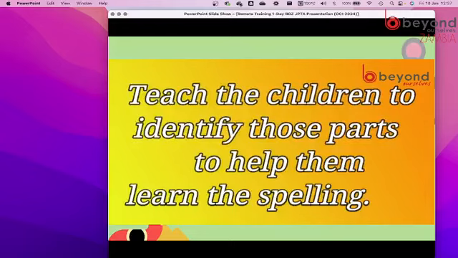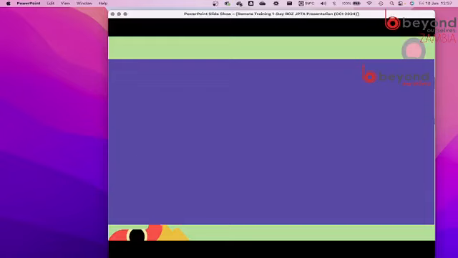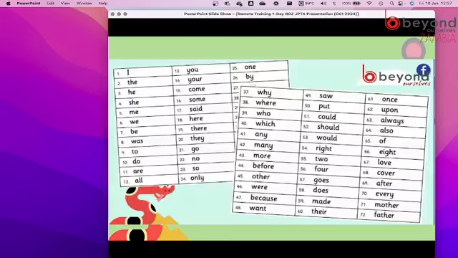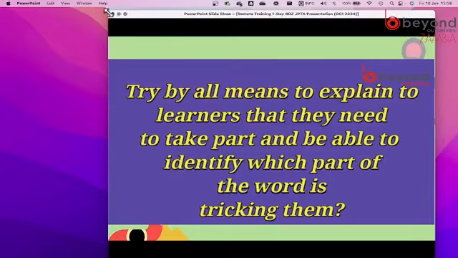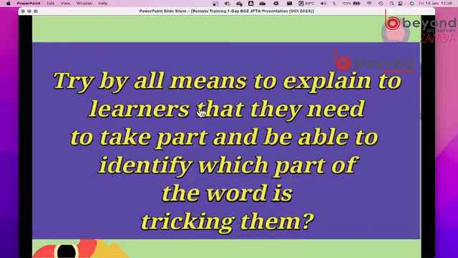Teach the children to identify those parts to help them learn the spelling. Secondly, shorter words where the word is nearly or tricky. For instance, Y, 1, 2. It makes more sense to memorize these words rather than trying to learn the tricky parts. The first thing you can do as a teacher, try by all means to explain to learners that they need to take part and be able to identify which part of the word is tricking them.